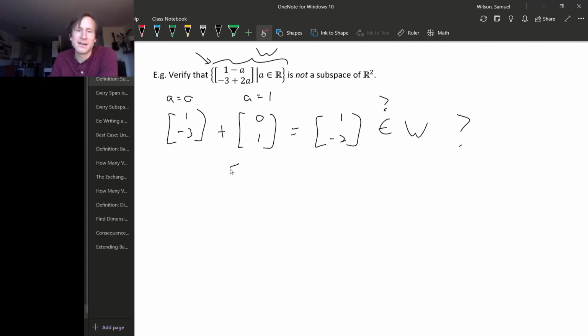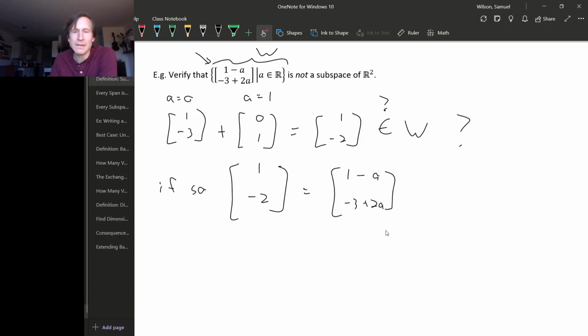Well, let's check. If it is in W, then we can write it using the formula that defines W, 1 minus a and minus 3 plus 2a. So we should be able to find an a that makes this true, but look, this is a linear system. We're saying that 1 has to be 1 minus a, and minus 2 has to be minus 3 plus 2a.